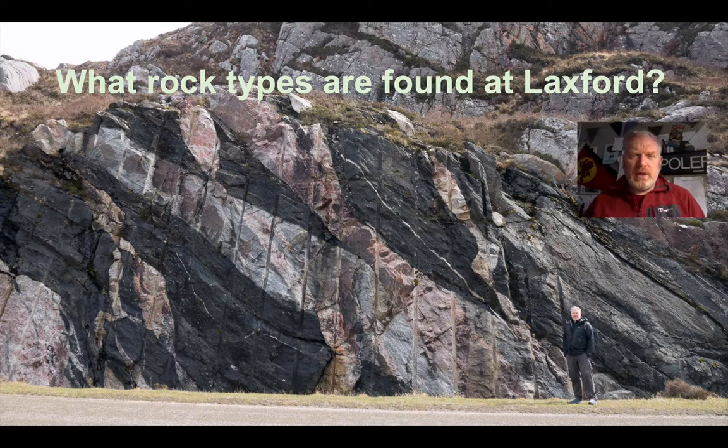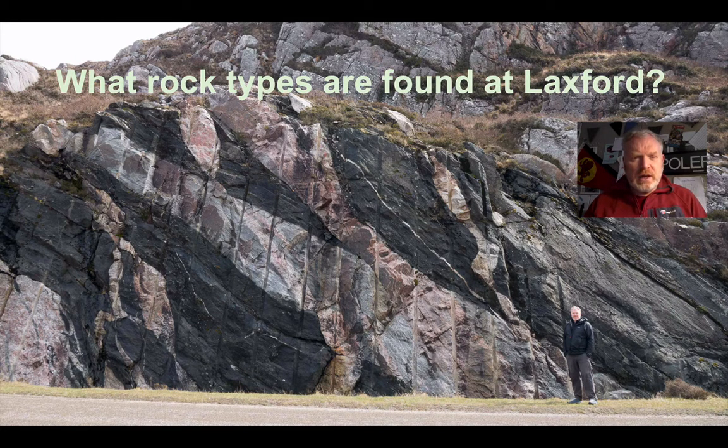If you go about a mile north or so of the Laxford Bridge, you come across a spectacular road cutting. This is the cutting we're going to be trying to pick apart its geological history. We need to think a little bit about what we would actually do if we're trying to work out the geology of a site like this.